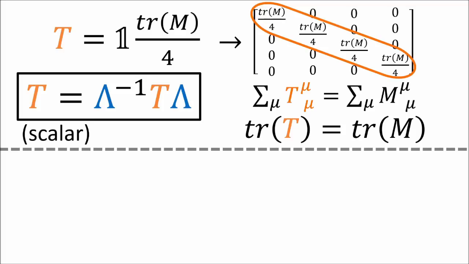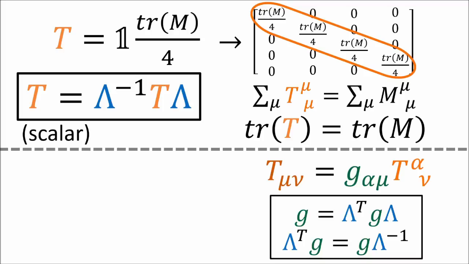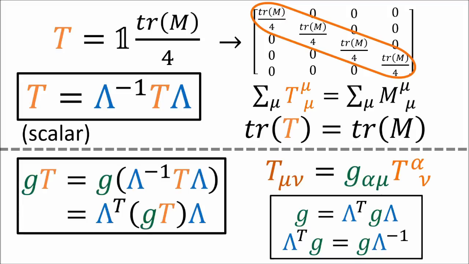We can get the covariant version of T by applying the metric G to it to lower one of its indices. Using the properties of the metric, we now see this new GT matrix is invariant under Lorentz transformations for covariant rank 2 matrices. So this GT matrix behaves like a scalar.